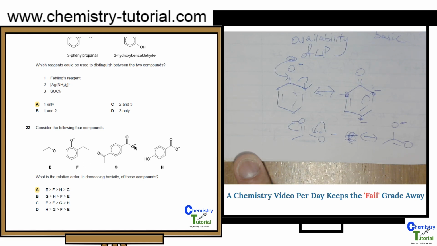So if there's an electron withdrawing effect, it's going to pull electron density towards itself, meaning that this lone pair is even less readily available for donation, which means that G must be the least basic. This one, because it's electron donating, increases a little bit of the electron density on the oxygen atom. Because of this, the answer shall be just A.